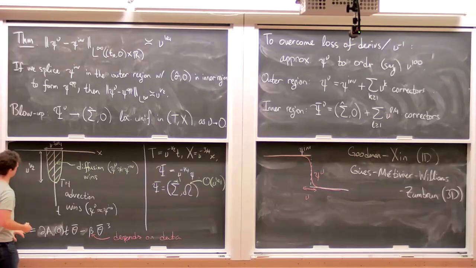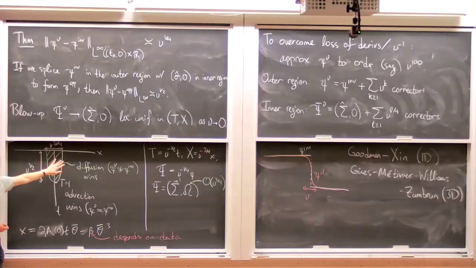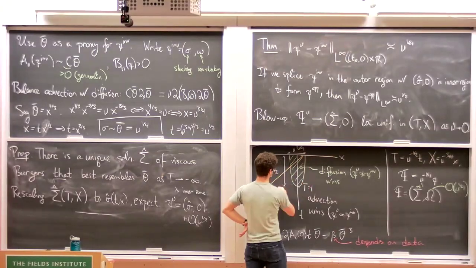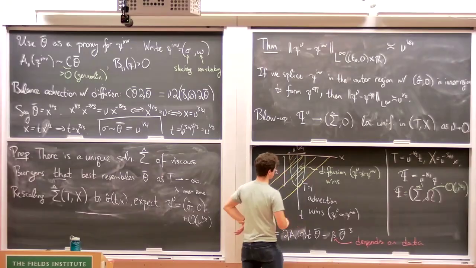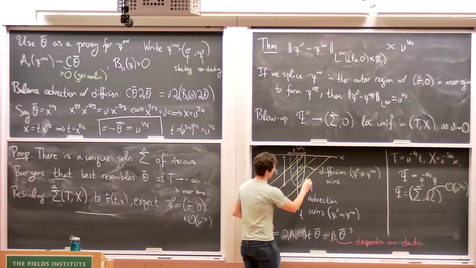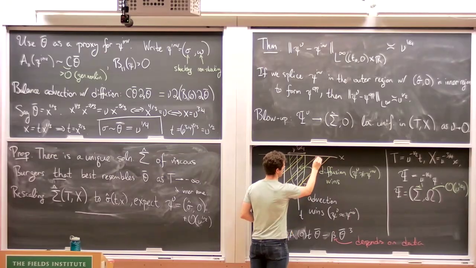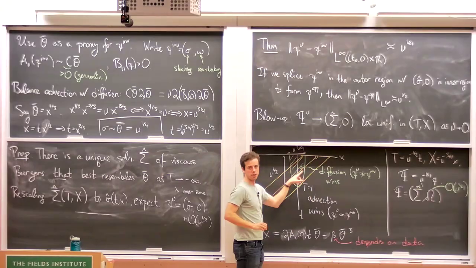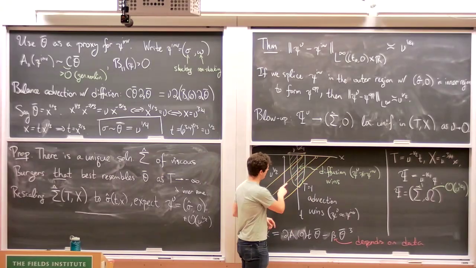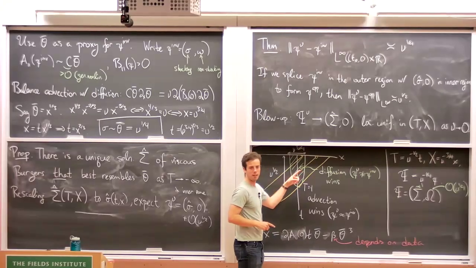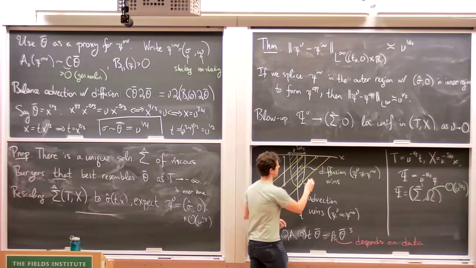And so on this picture, if I drew the characteristics of the non-shocking components, they would be coming in at a positive angle relative to this picture. So the non-shocking characteristics are basically sweeping through this diagram like this. And that has an important effect because if I consider the value of the solution here, it's going to know about the viscous perturbations that you make in the green region, because the values in this green region affected the non-shocking component that ran through it and then dragged that information out over here.